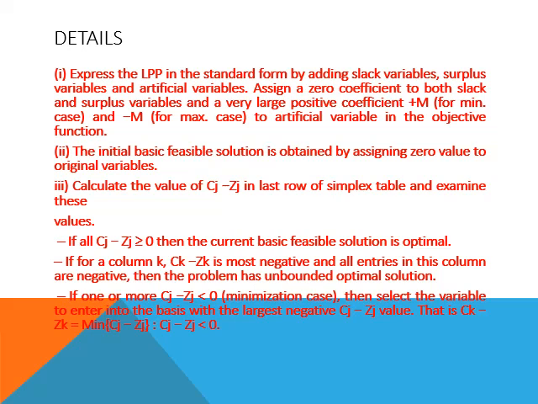If less than 0, then select the variable to enter into the basis with the largest negative Cj minus Zj value. It will be very clear in the practical process of application.